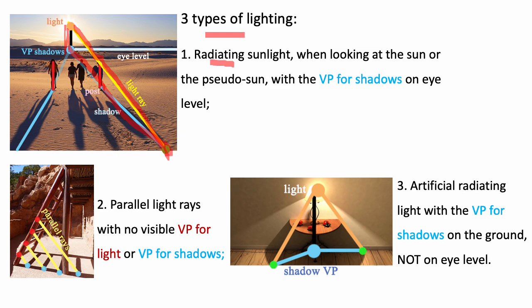The next one is parallel light rays with no visible vanishing point for the light or the shadows. Since the light is parallel, the shadows are either parallel or converging toward the same vanishing point on eye level. The final one is artificial radiating light, and the vanishing point here is on the ground, not on eye level. We know eye level must be about here because we're looking down at this table.